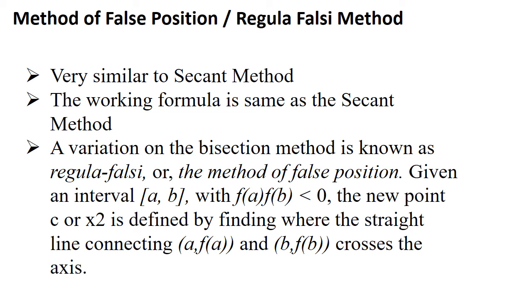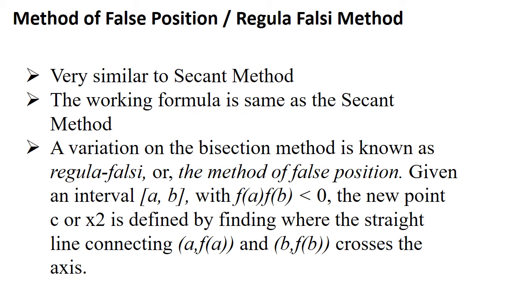and then proceeded to the next iteration. But for the Regula Falsi method, or the method of false position, we need to choose the two initial guesses in such a way that one point gives a positive function value and the second point gives a negative function value. Once you have these 2 points, we proceed with the same secant formula.